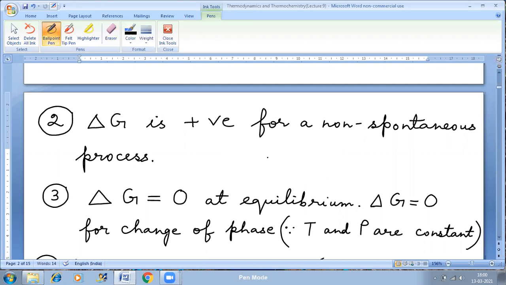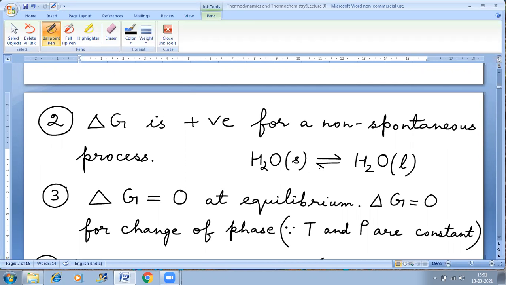Similarly, if there is a change of phase, let's say I have melting of ice at 0 degrees Celsius. Again, this is an example of equilibrium.